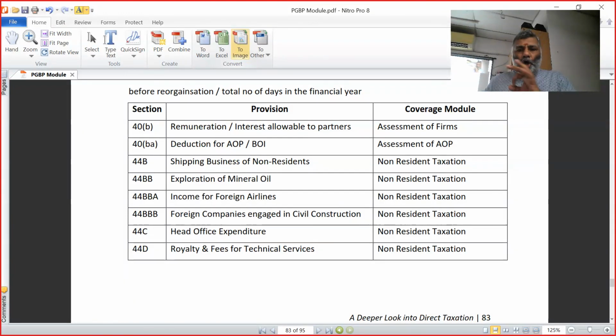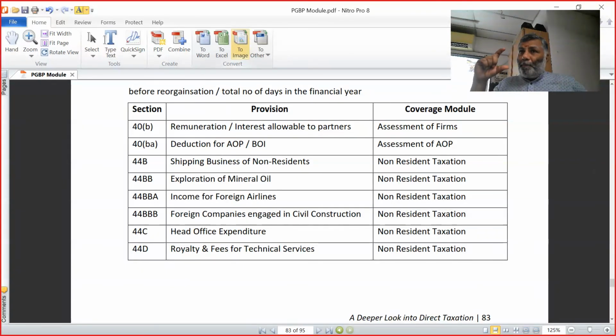The two things, 40B, remuneration to partners, and 40BA, remuneration to members of AOP and BOI, we'll cover in assessment of firm and assessment of AOP.